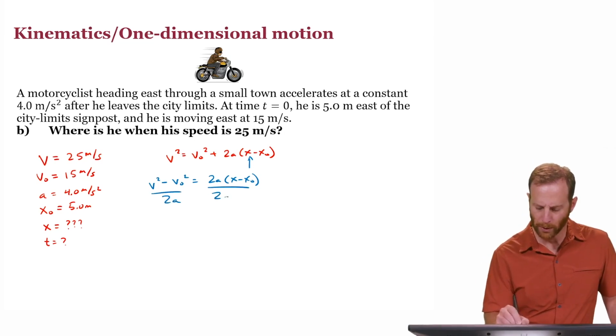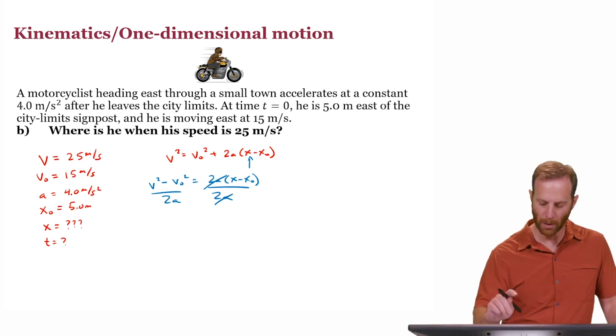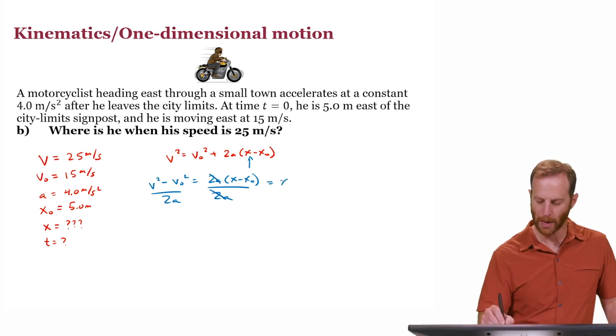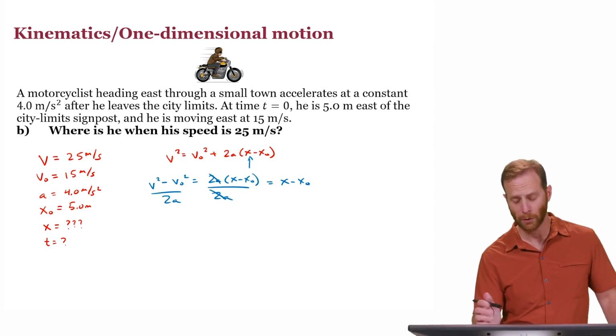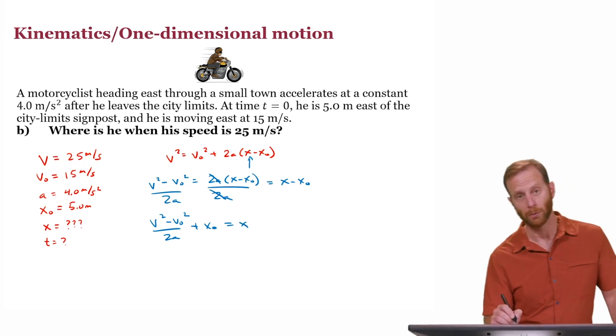The reason I'm doing that is because then the 2a cancels from the top and the bottom. And I'm left with x minus x0. Lastly, I want to solve for x, so I'll simply add x0 to both sides of this equation, and that'll give me what I want.